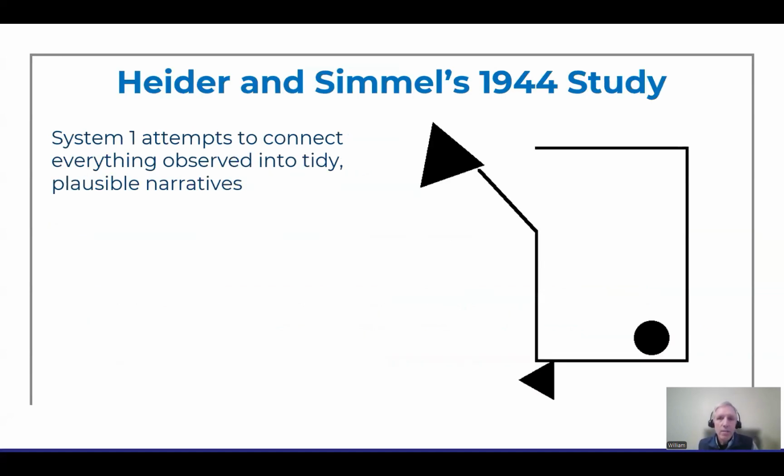Now, in 1944, there were these two researchers, Heider and Simmel, who weren't talking about System one, System two, but they were talking about how the brain wants to put everything into a tidy, plausible narrative. They had animations where figures, the big triangle, the small triangle, and the circle, just randomly moved around.